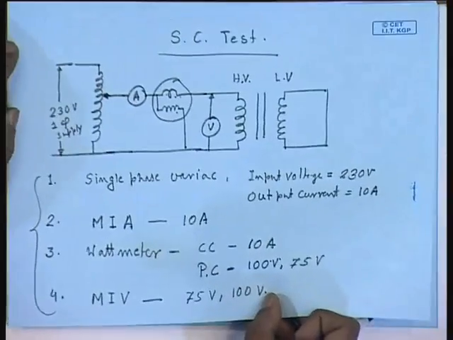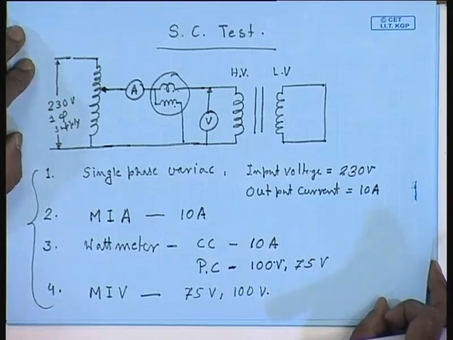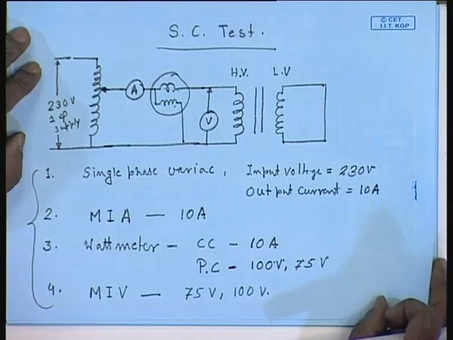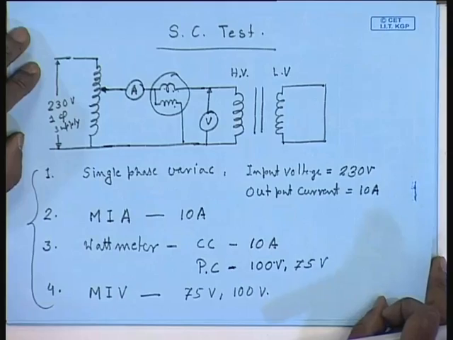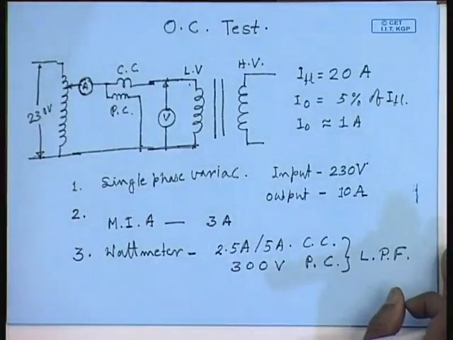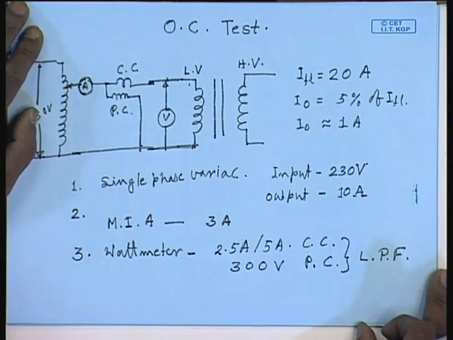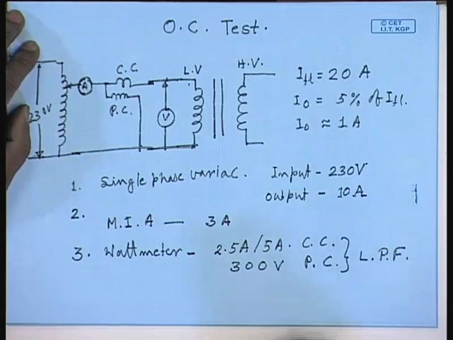In the short circuit test the power factor may also be poor, but usually not as poor as in the case of the open circuit test. So, possibly a normal wattmeter will be sufficient for the short circuit test, but for the no load test a special low power factor wattmeter which measures accurately below a power factor of 0.2 must be used.